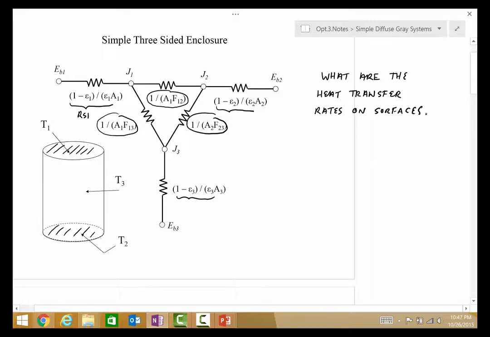And so solving this problem, again, is just in terms of identifying what the J equations look like. And once we identify those J equations, we are able to race through this problem. And an example of this will be shown.